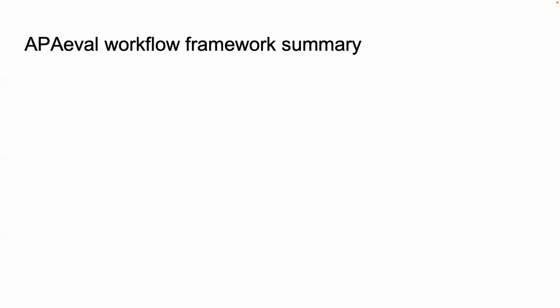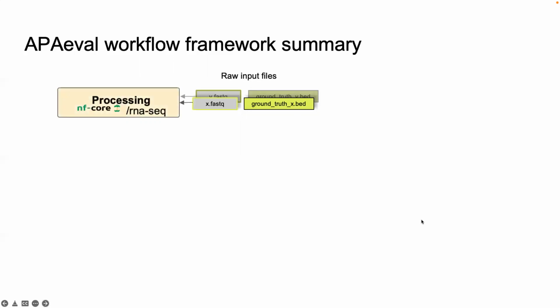Putting all the different sections that we talked about together, we came up with the APA-eval workflow framework. Our framework starts off with BED and FASTQ raw input files that are processed to generate BAM files. The BAM files and GTF annotation file are APA-eval standardized input files that are a fixed file format for all the tools.